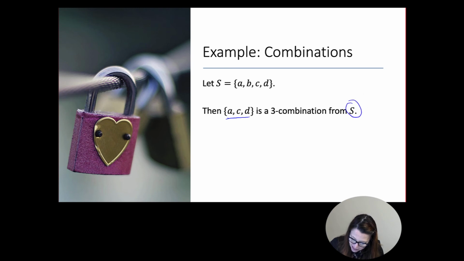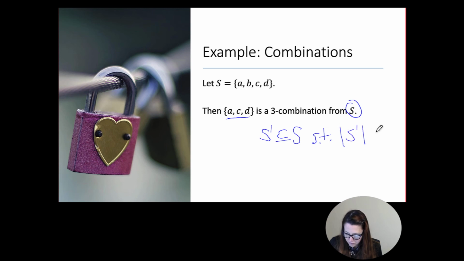So if we have a set S, it's all the subsets S such that the cardinality is equal to 3. Okay? So it's all those subsets with cardinality 3. And one of those is this subset ACD.